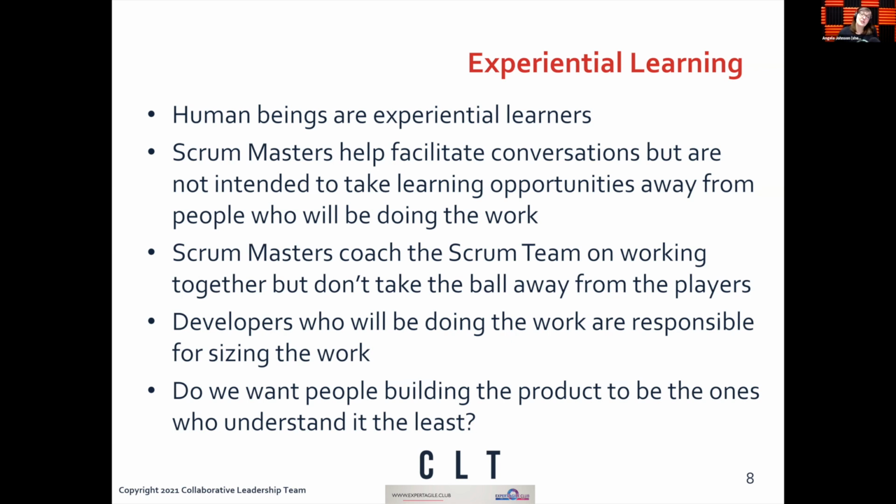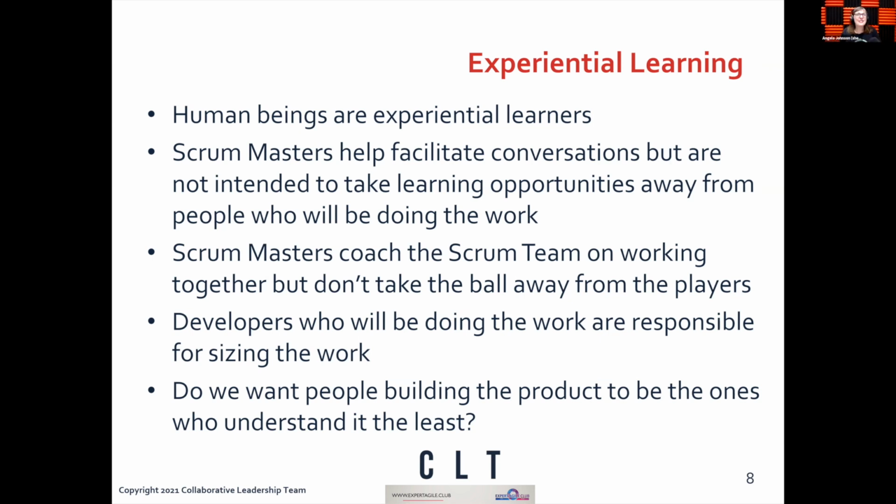So developers on a Scrum team who'll be doing the work are also responsible for sizing that work. There are so many Scrum Masters out there who during a sizing exercise will say, let's just average it and move on. What? Then we skipped the whole discussion, which is the point, by the way. So we don't want to do that. We want to enable the discussion.